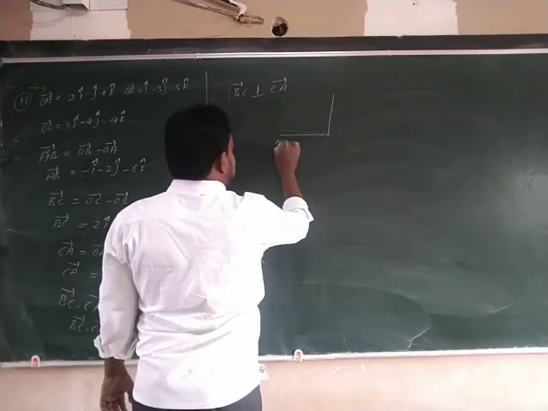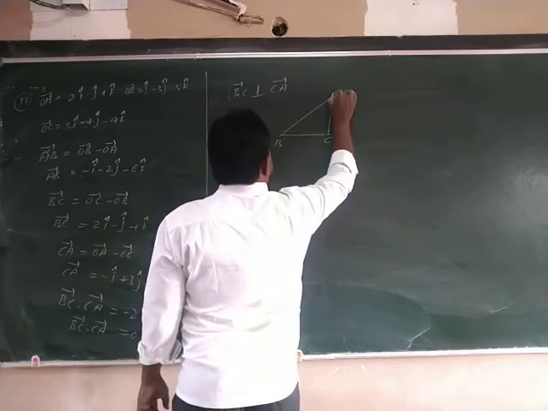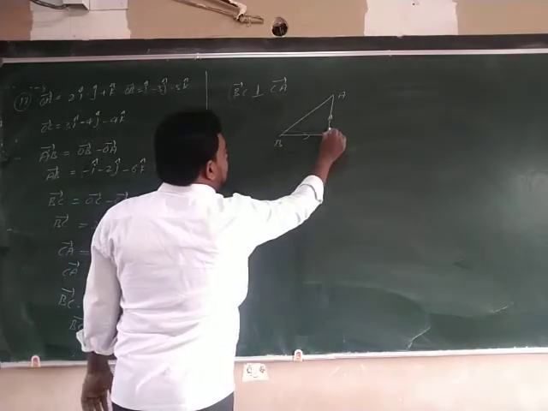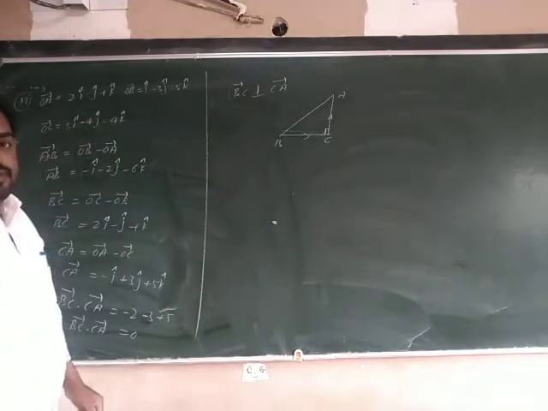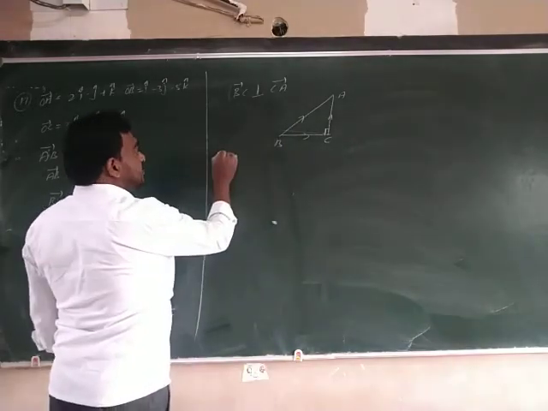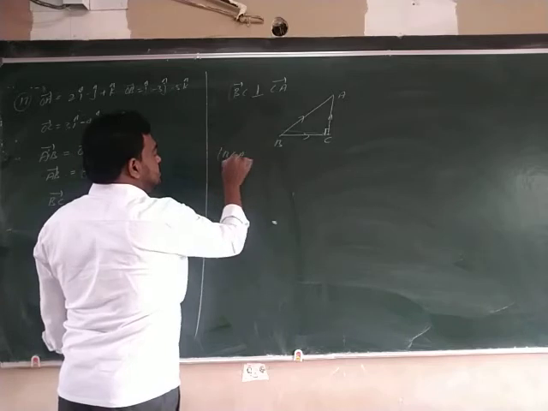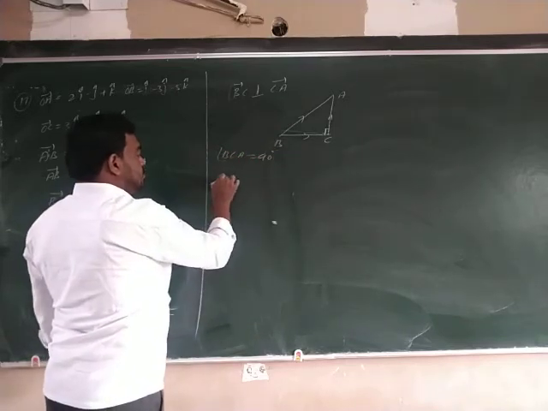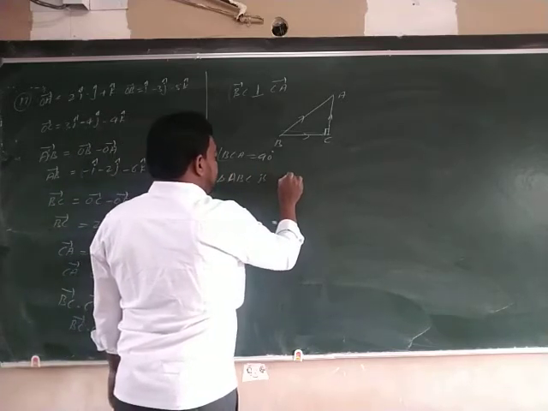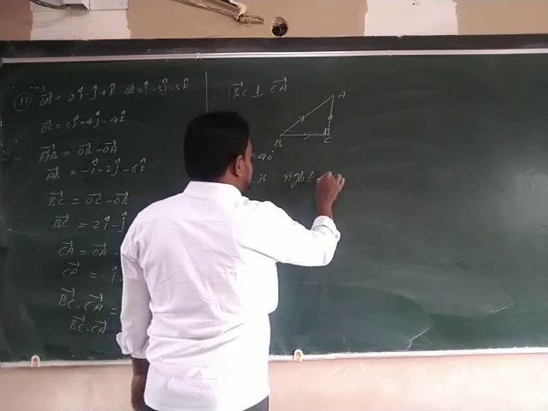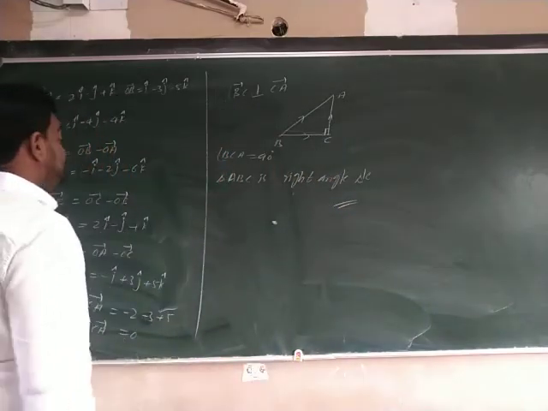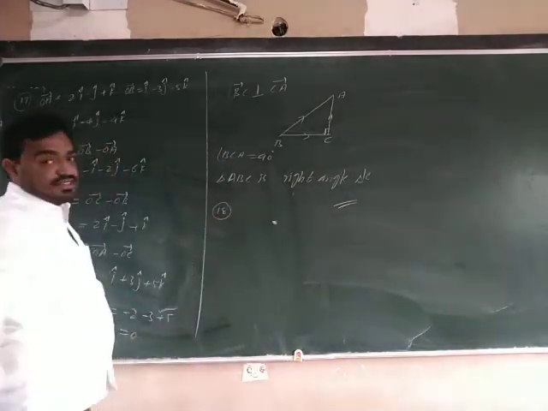These are perpendiculars, so where is the right angle? At C. So angle BCA is equal to 90 degrees. Therefore, triangle ABC is a right angle triangle. This is the answer.